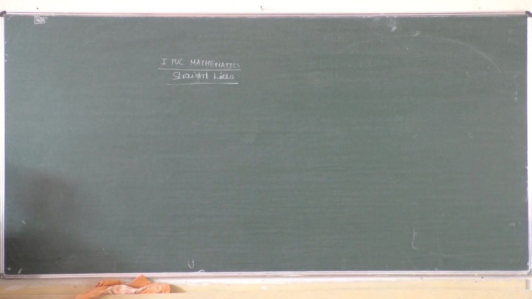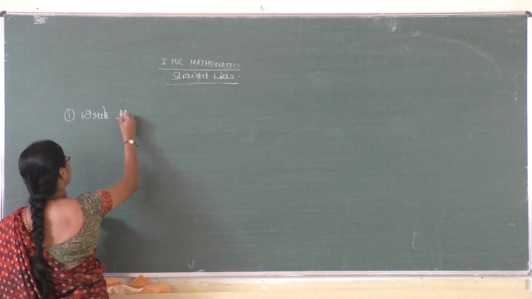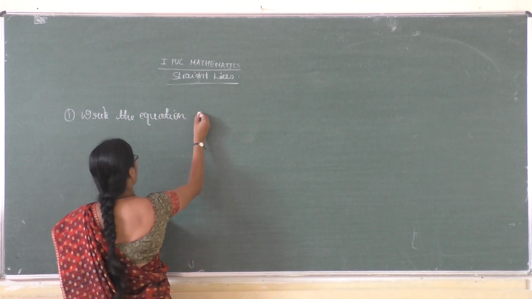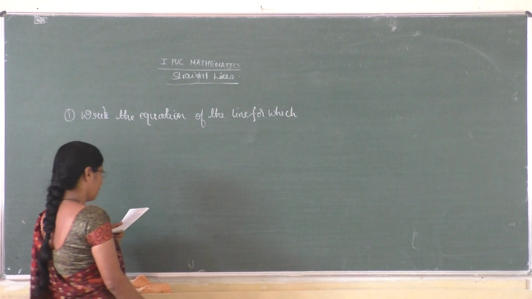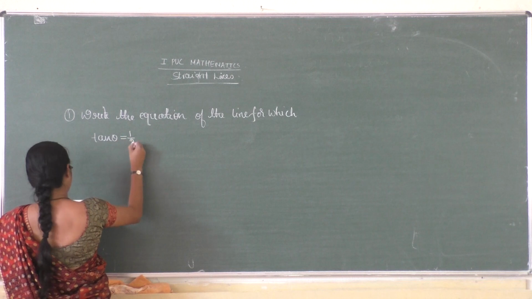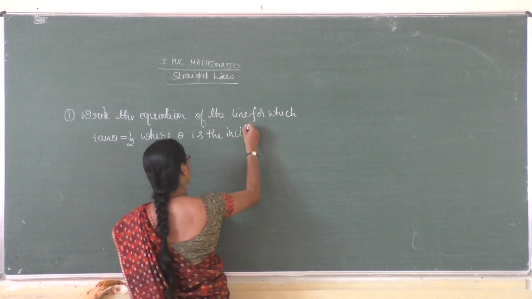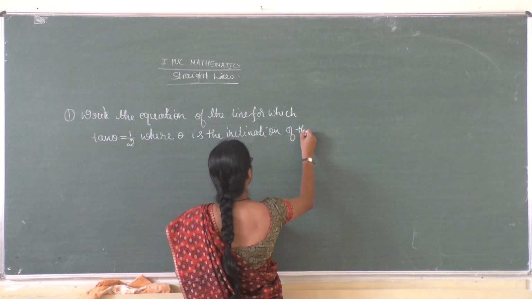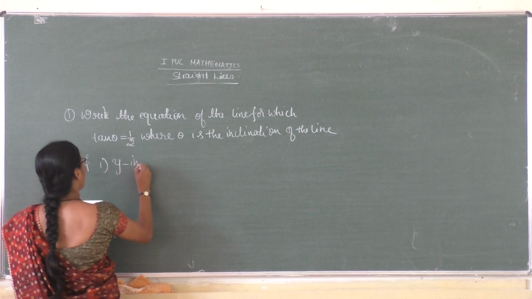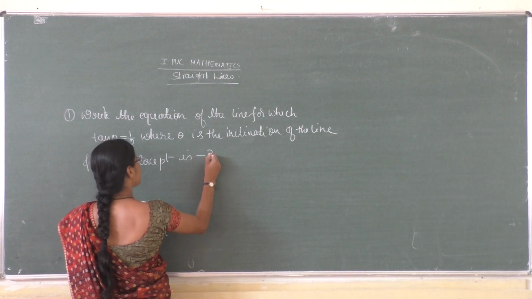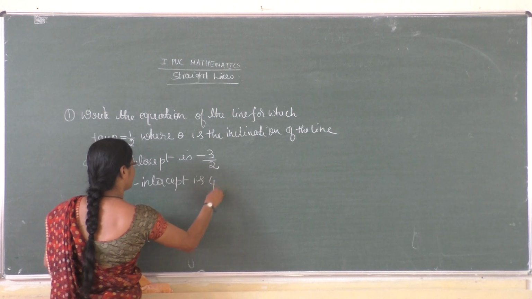Okay, so the problem is, write the equation of the line for which tan theta equal to half, where theta is the inclination of the line, and one, y-intercept is minus 3 by 2. Second one, x-intercept is 4.